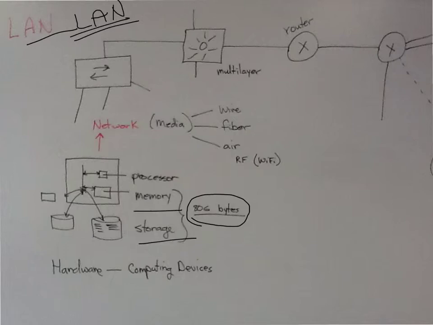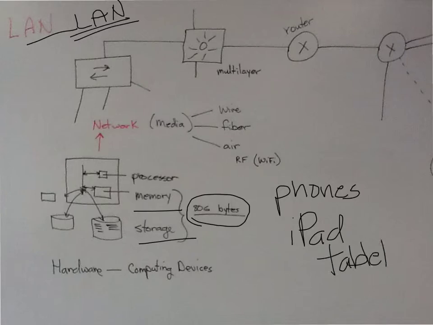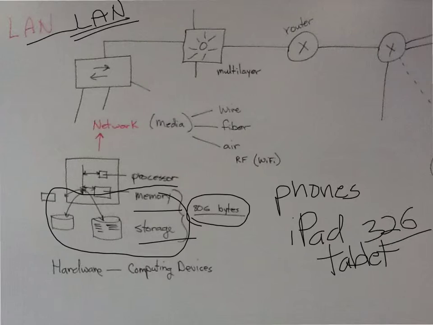We have storage and memory on your devices, like your smartphones, maybe an iPad or some other type of tablet. They will just list the memory and storage together. For example, my tablet that I'm working on here is a 32 gig machine, and it uses the memory and storage combined. It's flash in the device.